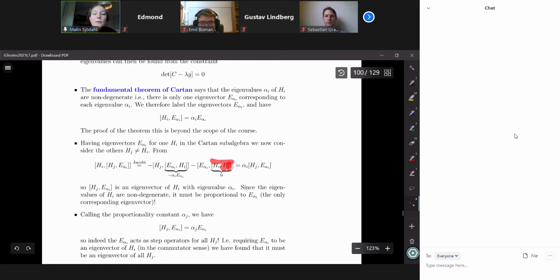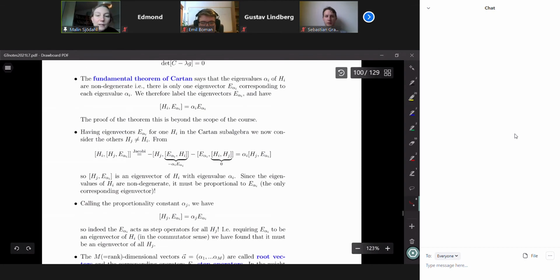Now, if we look at this expression here, the commutator between H_I and H_J, they are in the Cartan subalgebra, so they commute with each other. So this commutator is 0. We have constructed E_alpha in such a way that E_alpha commuted with H_I should be alpha_I E_alpha, and to be picky, there should be little bars over the alphas here.